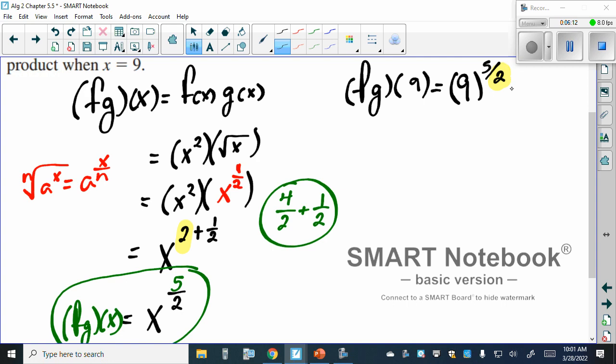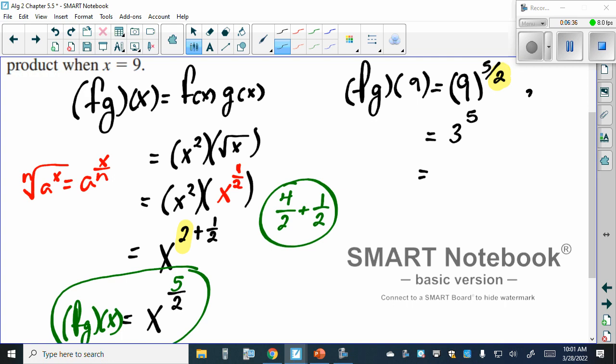So we could plug this into the calculator and let it do it for us. Now, if we're doing this by hand, the 2 in the denominator is representing a square root, yes? What's the square root of 9? So we're really saying that I have 3 to the 5th.